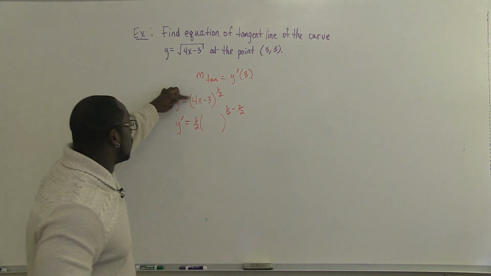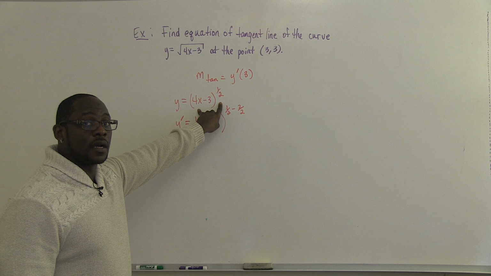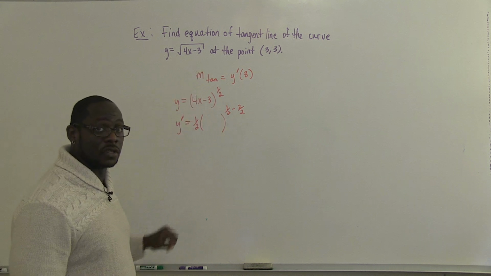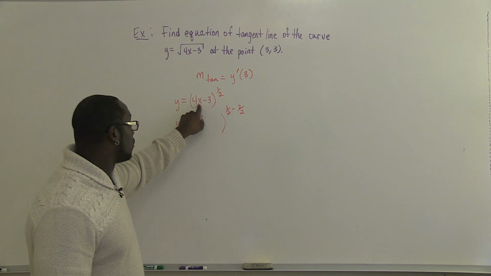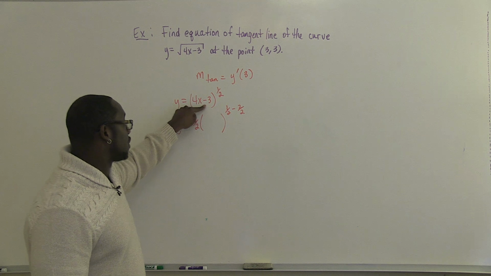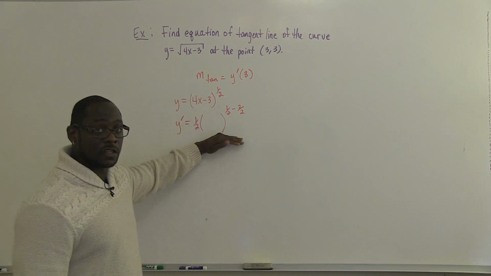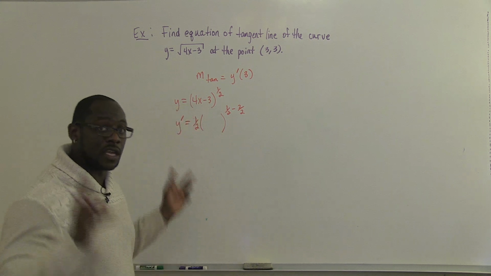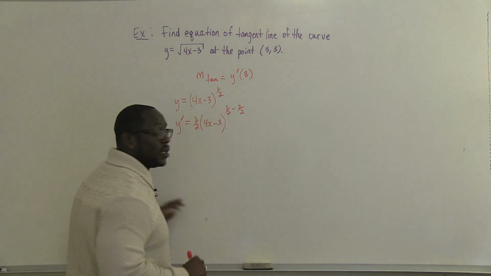Since we see that this is what we call a composition function, where we have a function stuffed inside of another function, then we're taking the derivative of the outside function with respect to the inside function looked at as a variable first. So that's what this part is. Since we're looking at 4x minus 3 as just a variable in this case, we have to put in 4x minus 3 here.